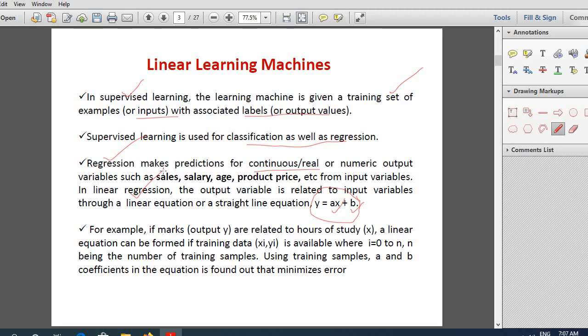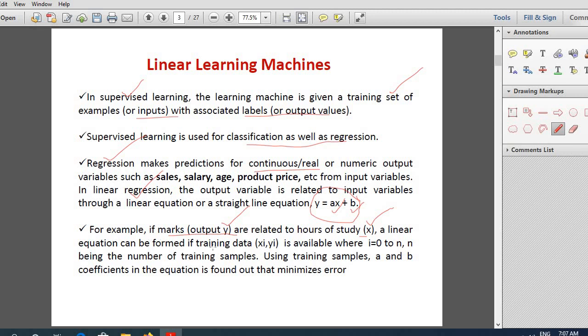So in linear regression, the output variable, the value which is to be predicted, is related to the input variable through a linear equation or straight line equation, like y is equal to ax plus b, which is of the form y is equal to mx plus c. For example, let the output variable y be marks, and it is related to hours of study x, which is how many hours you are studying.